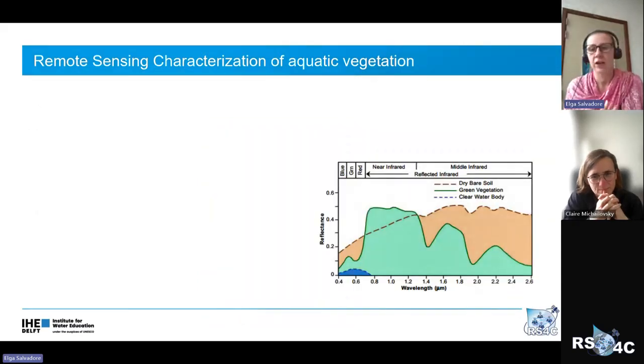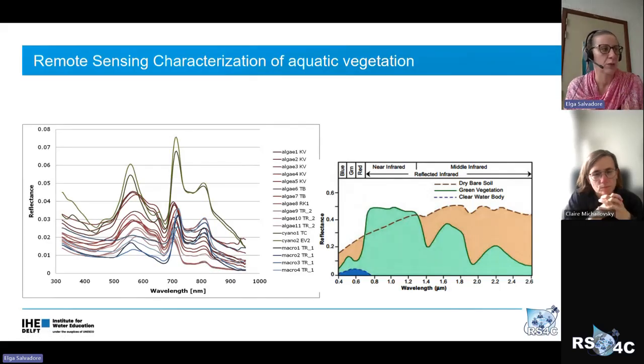This is the figure Claire showed as more of a theoretical view of what you expect the reflection to be for vegetation, for bare soil and for water. Here you also see that the reflectance of a water body is very limited. And with these sensors, we actually have a lot more detail, but they are less clean as reflectance curves.